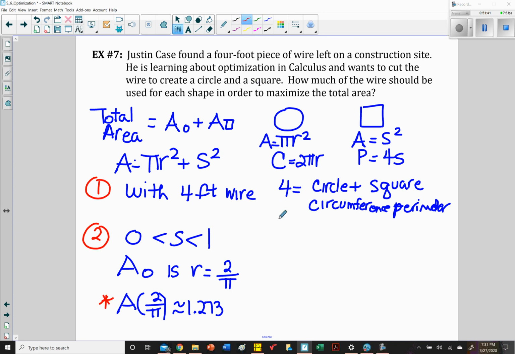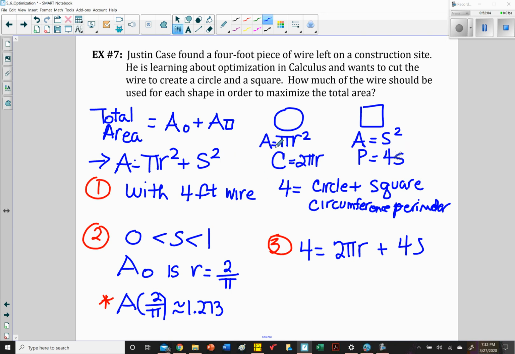And we can think about this area here. 4 is the circle circumference, 2 pi r, plus the square perimeter, 4s.